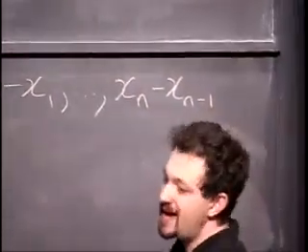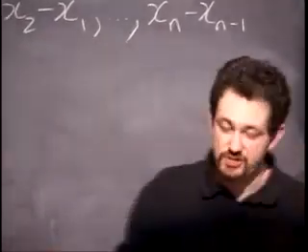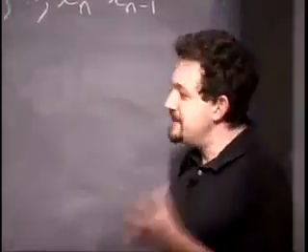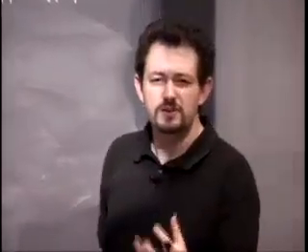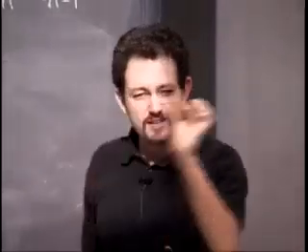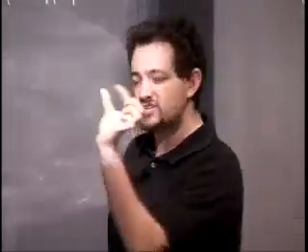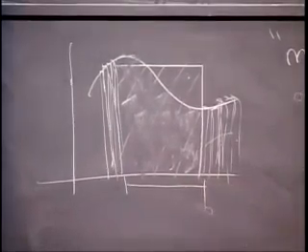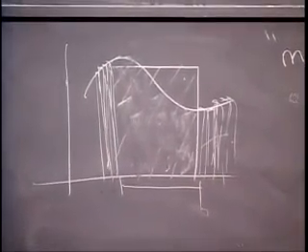I take the largest of them and I call it the mesh of the partition. And what I want is for the mesh to go very small. Of course, if the mesh has got to be no more than, say, this tiny little bit, I may have to take lots and lots of strips. So as the mesh gets smaller and smaller, the number of strips increases. But you can't have this situation, because here the mesh would be this length, and that's too big. We want it to be smaller and smaller.